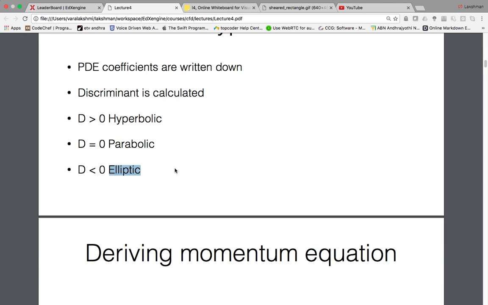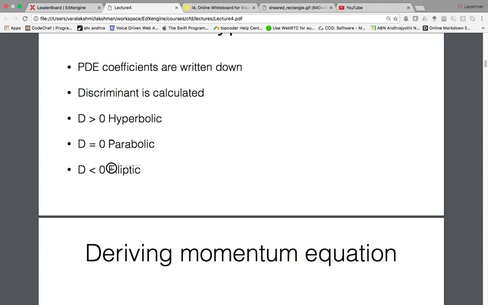And you might have already seen examples, like for hyperbolic you can see a wave equation which is like del 2 u by del t2 minus c square del 2 u by del x square. It is also a standard definition. And parabolic equation, which is like a heat equation, del u by del t minus k del 2 u by del x square is equal to 0.